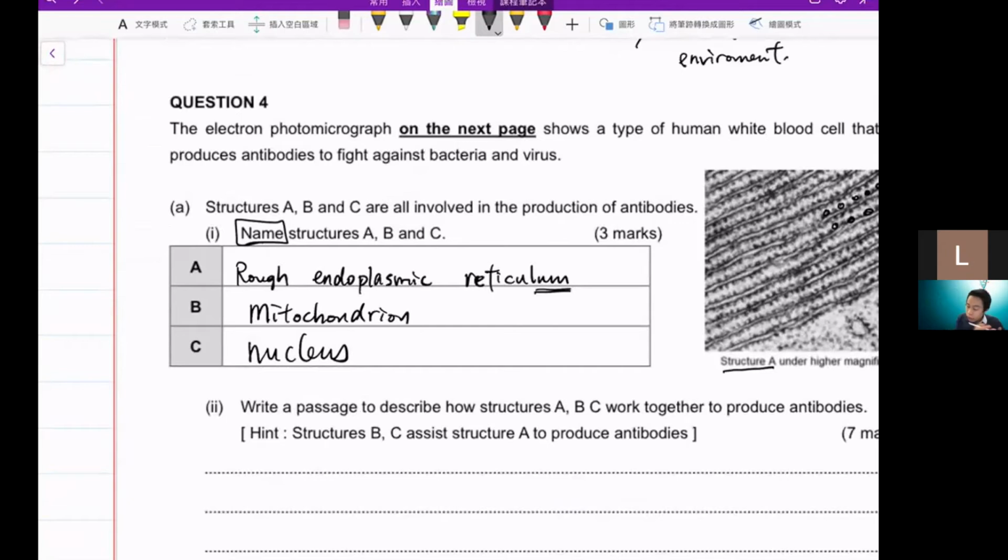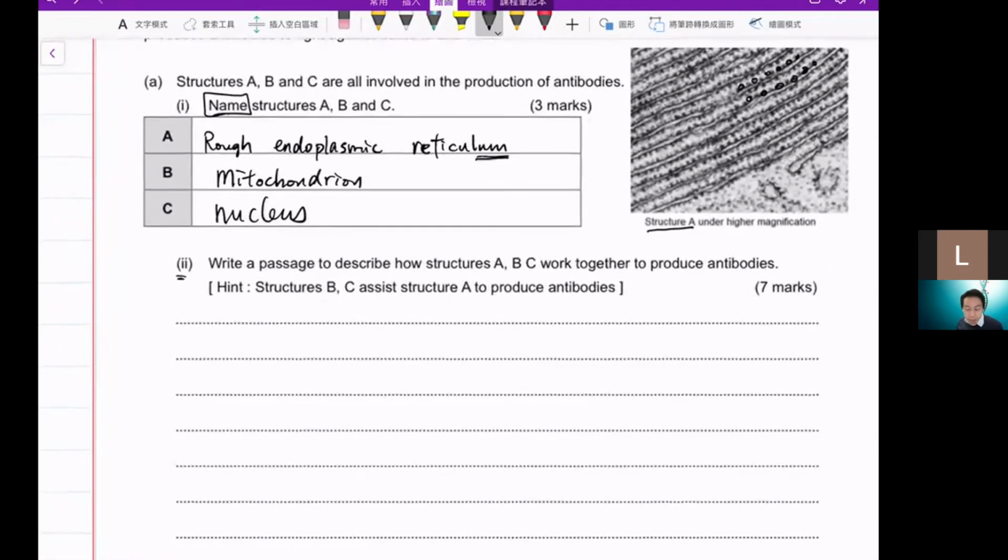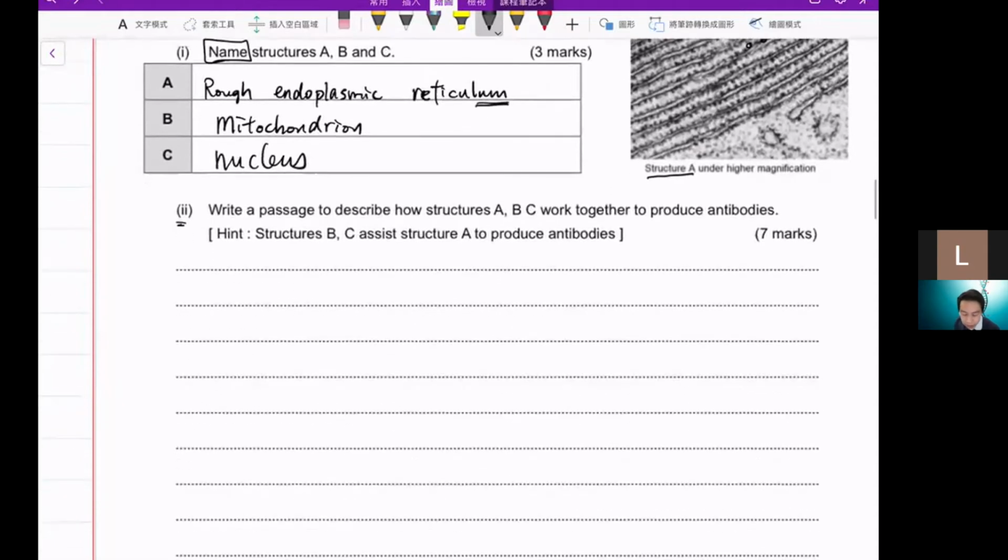So both mitochondrion and mitochondria are accepted. If you are not able to recognize the structure, the organelle, then you will lose marks when you answer question 2. Okay, so it's very important for you to label different cell structures.